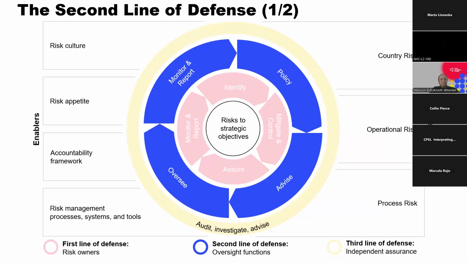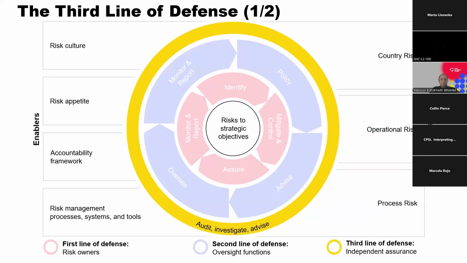We can move to the next slide and the third line of defense. In the context of the Global Fund, it's the independent assurance function represented by the Office of the Inspector General and the other external providers, such as the auditors.